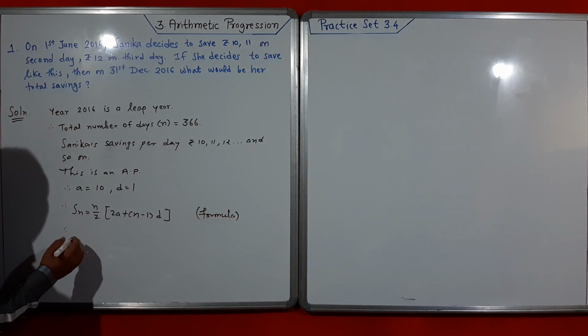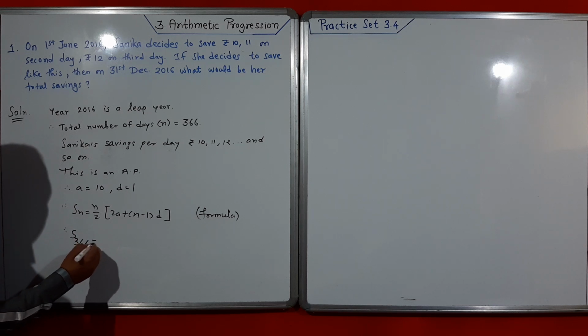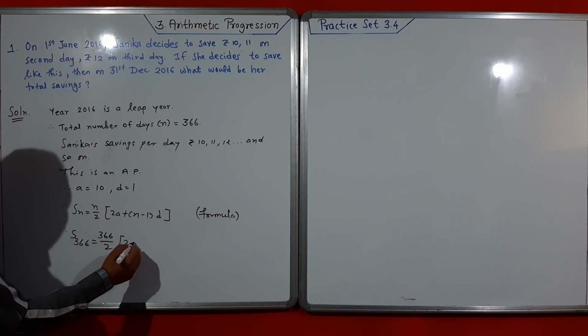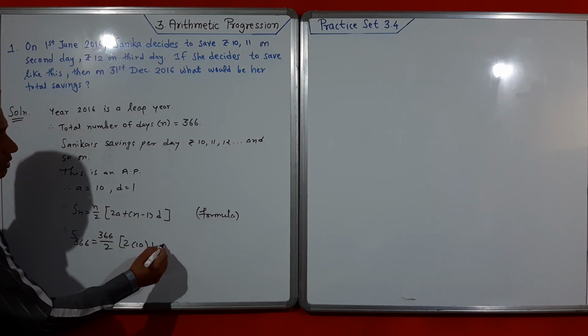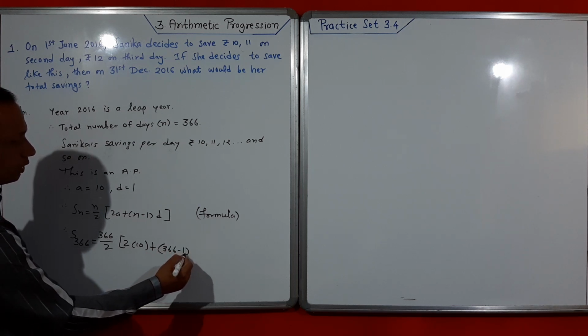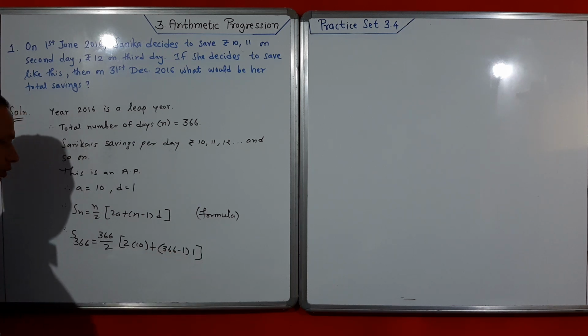So we have to find S366. That is 366 divided by 2, then 2 times a is 10 plus n minus 1, meaning 366 minus 1, and d is also 1. Let's solve this.